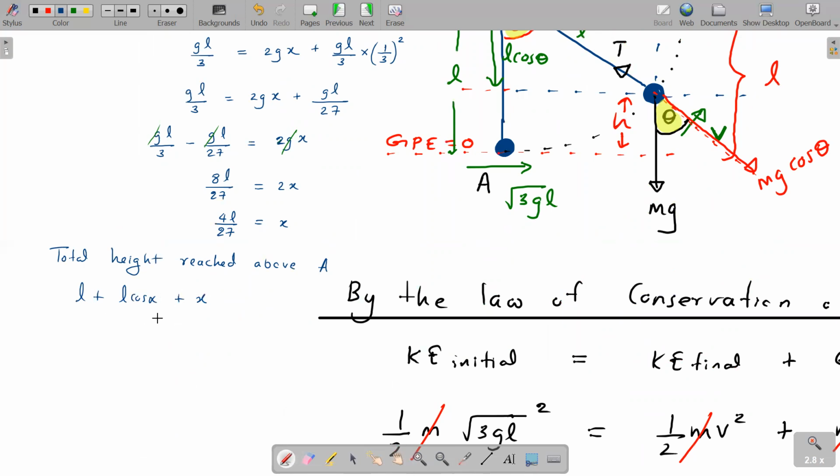L plus L cos alpha we found previously as 4L over 3 in the previous part. The x value is 4L over 27. So add them up: 4L over 3 plus 4L over 27. That's 40L over 27, right?